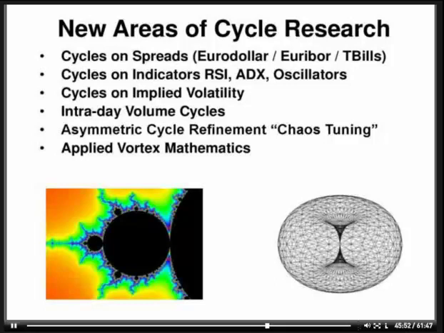There's also intraday volume cycles that happen every day, institutional volume cycles that are very relevant. And there are people looking at ways to refine this asymmetric nature of implied volatility cycles, and they're starting to call it this chaos tuning factor. It's a little complicated, so I won't really go into it.